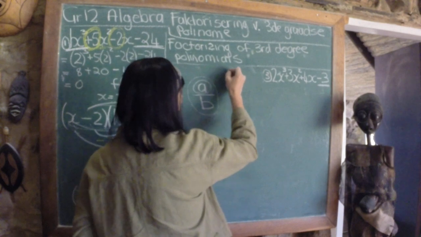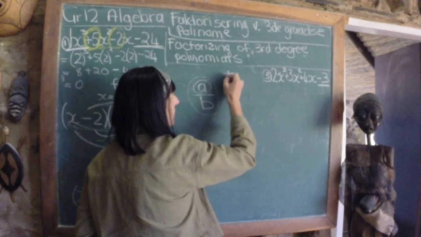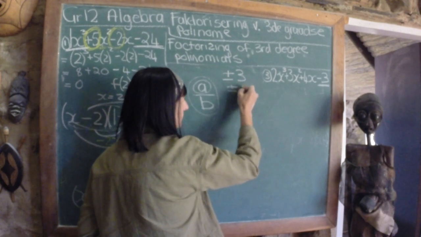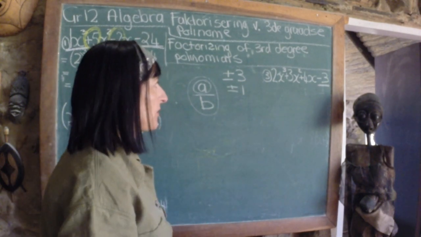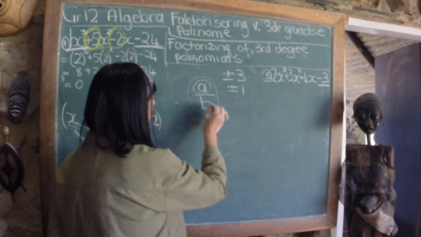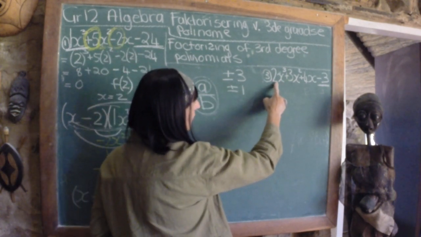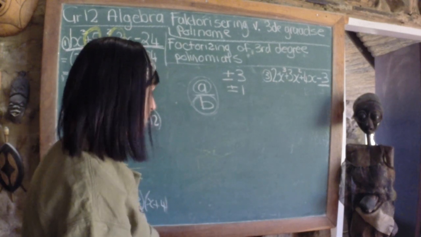Now, factors of the constant is going to be either plus or minus 3 or plus or minus 1. That's the factors of the constant. And the denominator will be factors of the coefficient in front of the highest power.